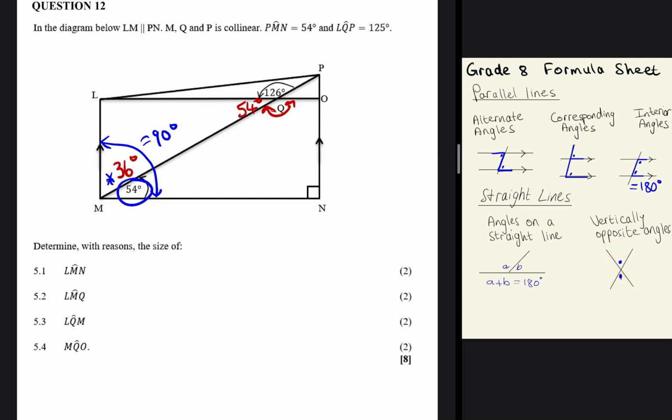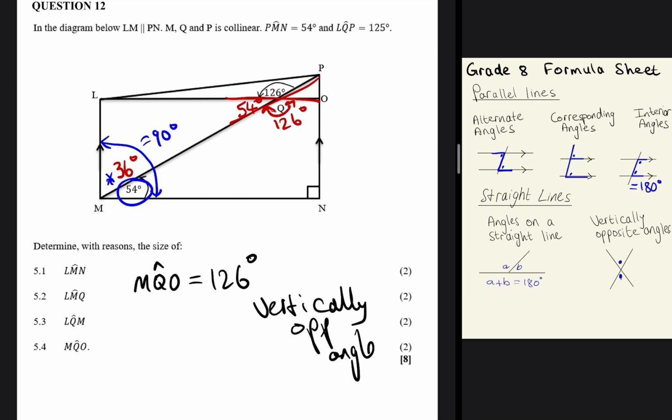Those will be equal to each other. So here we have the two lines, and here we have the angle of 126, and here we have the other angle, the one we have to work out, MQO. They're vertically opposite, therefore MQO will equal 126 degrees. Let's write it down. MQO equals 126 degrees. You can just write it just like that, and the reason is vertically opposite angles. If you do that, you'll get all your marks, 8 marks for this.